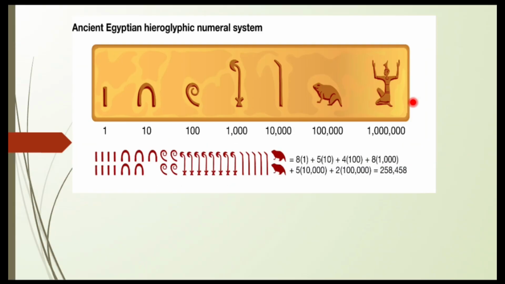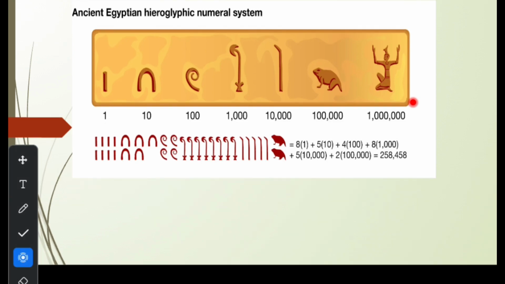Next we have the hieroglyphic numeral system. When the number system wasn't evolved, people used symbols to express numbers, and for one, they used one stroke. So in order to write any single digit, they needed to put strokes.